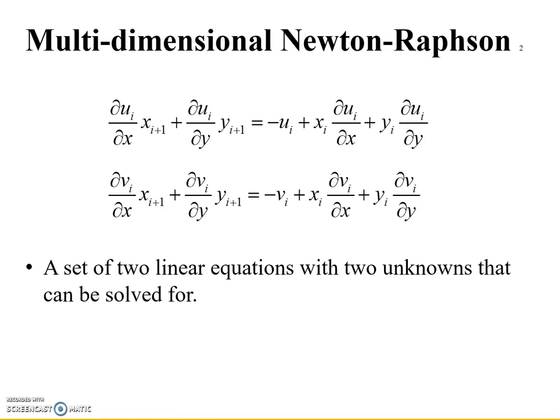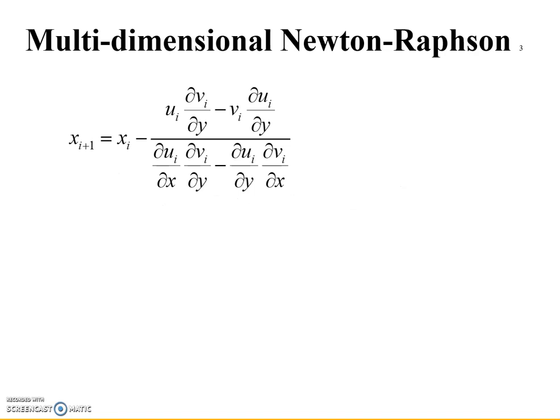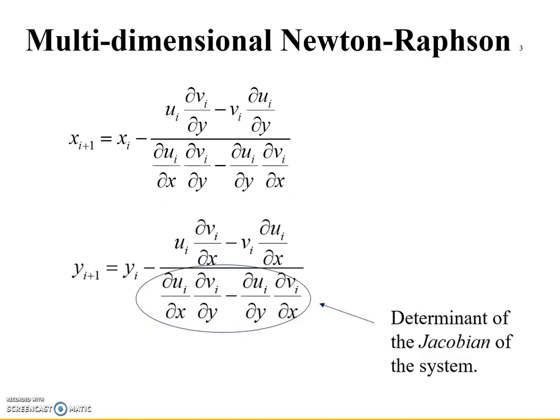One of those methods is Cramer's rule, and when we do the simplifications, we can write the solution in terms of xi plus 1 and yi plus 1 in this format. In this format, the denominator is common: partial u over partial x, partial v over partial y, minus partial u over partial y, partial v over partial x.